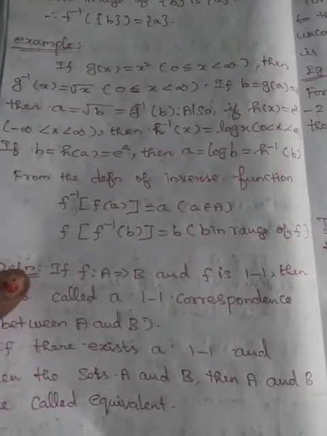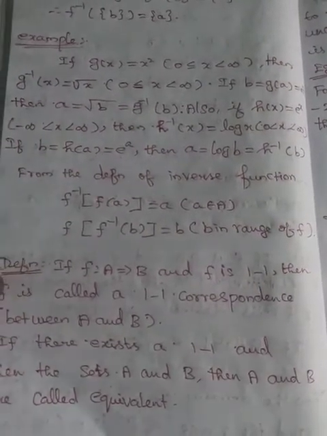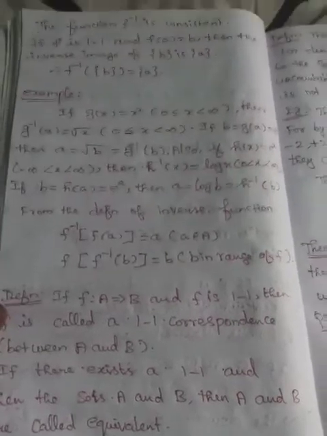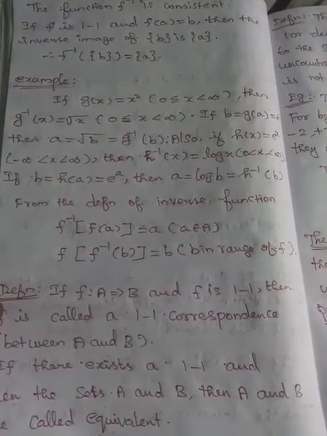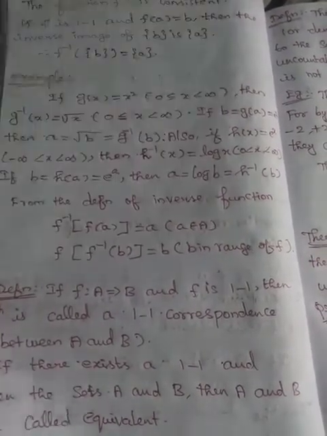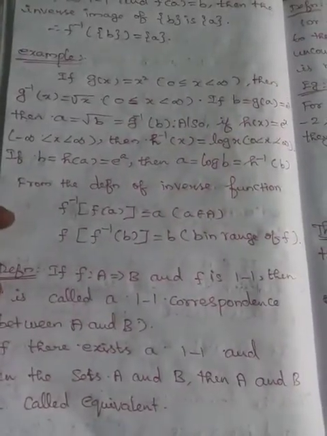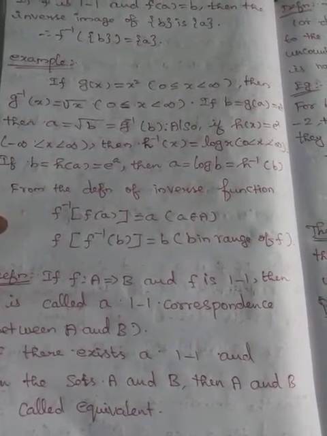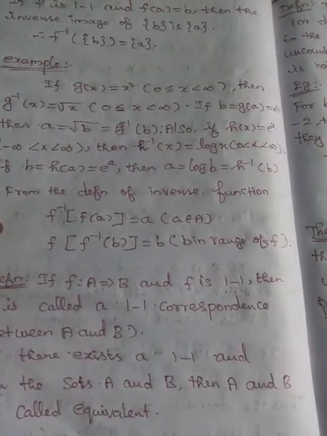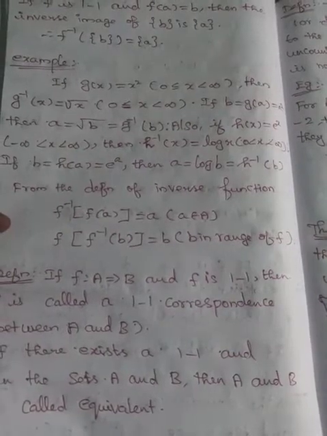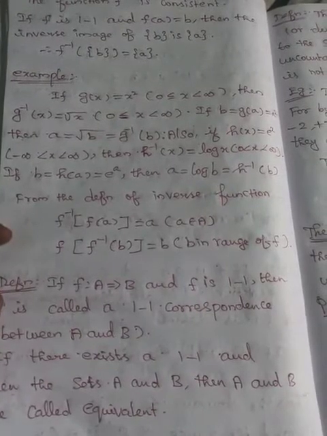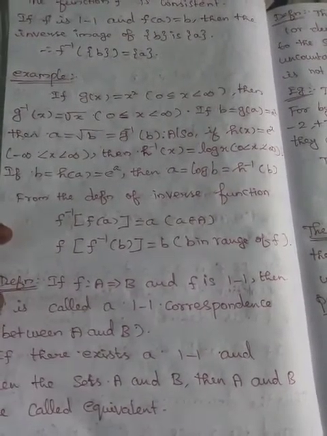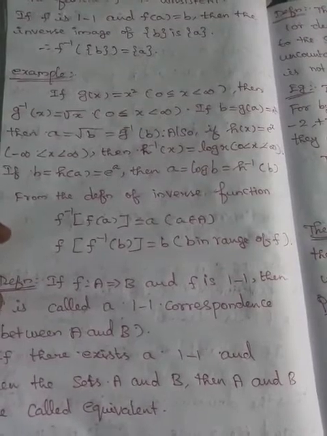Next example, if g of x is equal to x square, 0 is less than or equal to x is less than infinity, then g inverse of x equal to root of x, 0 is less than or equal to x is less than infinity. If b equal to g of A equal to a square, then a equal to root of b equal to g inverse of b. Also if h of x is equal to e power x, minus infinity less than x less than infinity, then h inverse of x equal to log x, 0 is less than x is less than infinity.